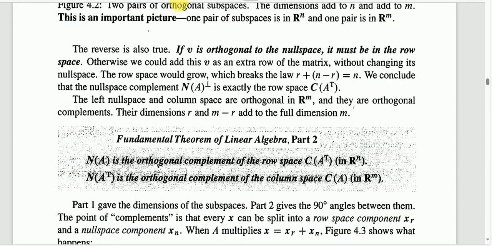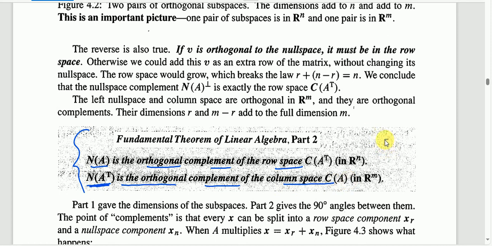So that question was directly from this fundamental theorem. What does this fundamental theorem say? That the null space is the orthogonal complement of the row space, and the left null space, that is the null space of A transpose, is the orthogonal complement of the column space.